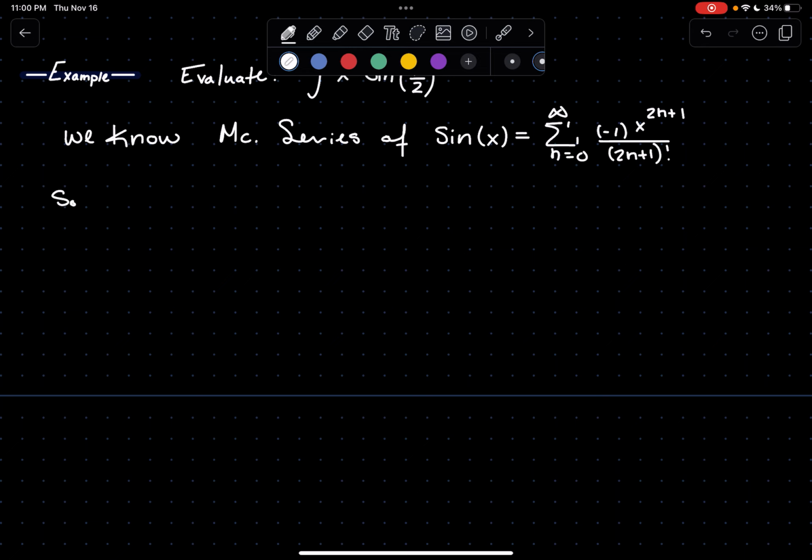So x cubed times sine of x over 2 is going to be equal to x cubed times this sum to infinity of negative 1 to the n times, I'm just going to do a 1/2, I just don't want the 1/2 on the x, 2n plus 1 times x to the 2n plus 1.